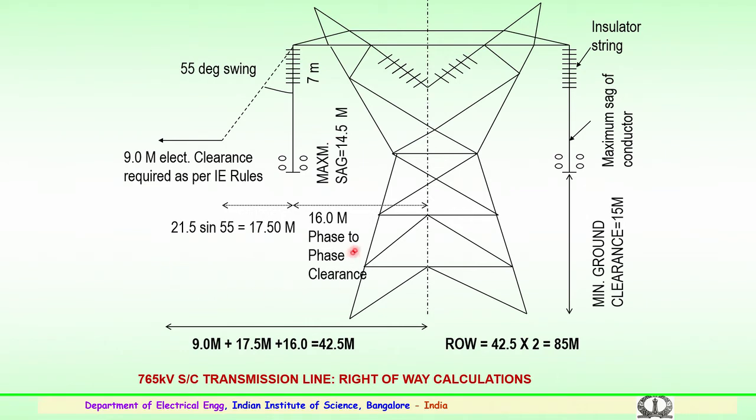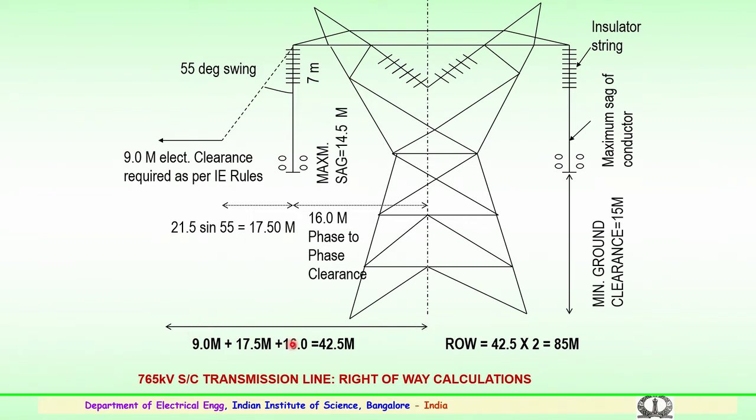The total distance from the center of the tower to the electrical clearances up to this junction will be 9 meters plus 17.5 plus 16. So, totally 42.5 meters is the distance from the center position of the tower to one side.